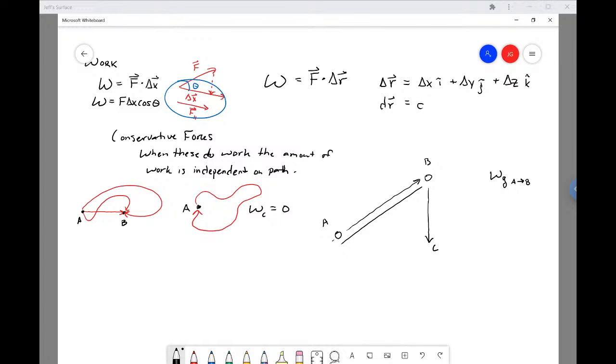So this little infinitesimal displacement would have an x component, a y component, and a z component. I hat, j hat, k hat.